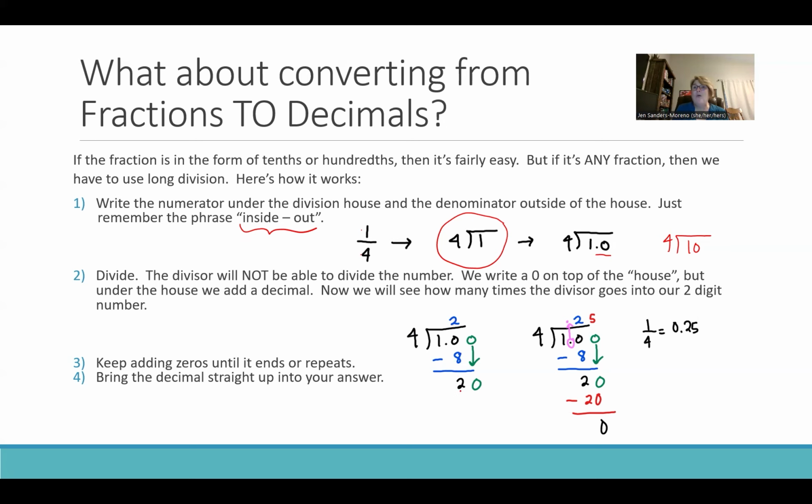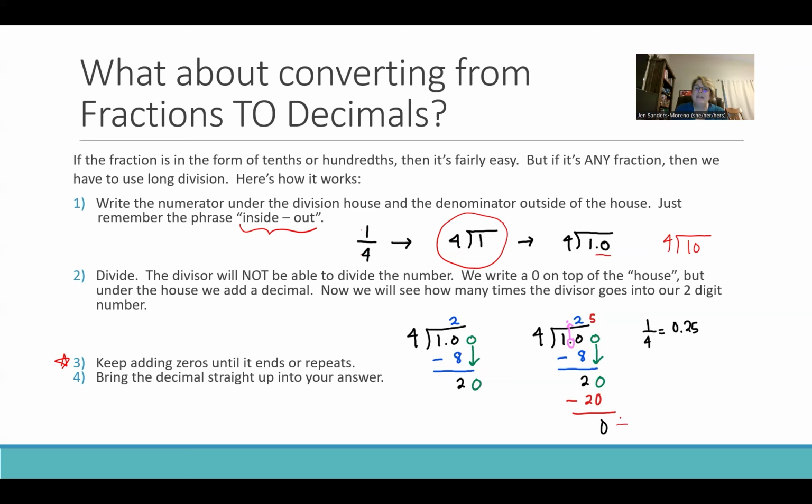All right. When do we stop? You keep adding zeros and keep dividing until you either get it to end with a remainder of 0 or it repeats. So for this problem, when I add one more 0, I get 20, and 4 goes into 20 5 times, and 20 minus 20 is 0.